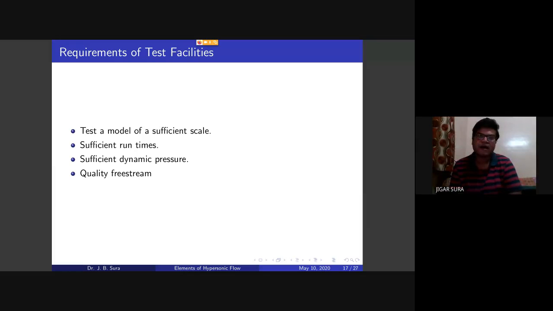So if you have very quiet flow, then even after crossing 5 into 10 to the power 5 Reynolds number, you will have laminar flow. So remember this, a good quality of free stream is required for any wind tunnel testing or shock tunnel testing.